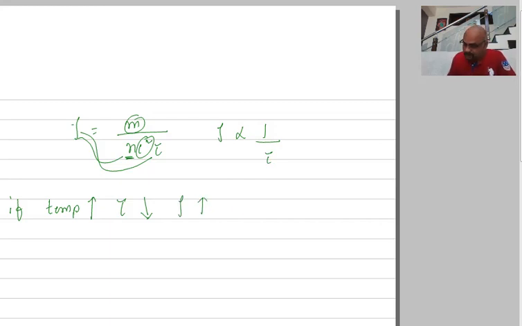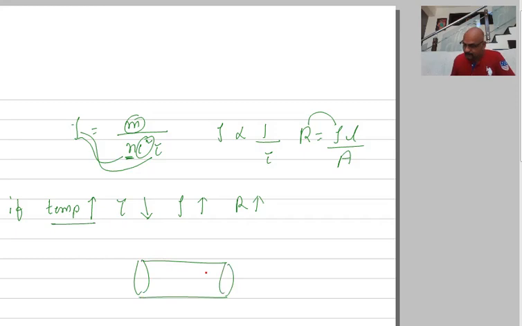If rho increases, resistance increases, because resistance R is equal to rho L divided by A. So resistance is directly proportional to resistivity. I repeat again. If you consider the conductor, it contains free electrons. If the temperature is increased, then electrons start moving rigorously.